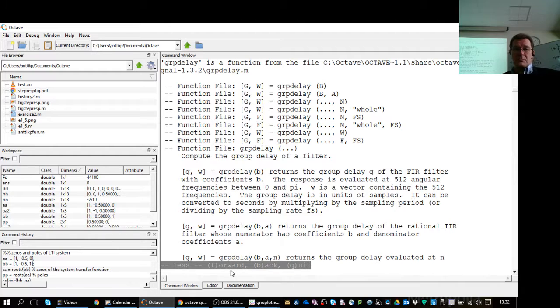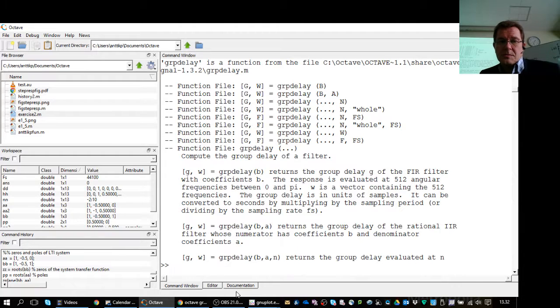Good. So let's try that one. Just to be on the safe side, I'll make this like this. Group delay BB AA 2.